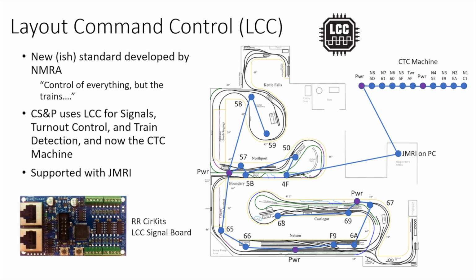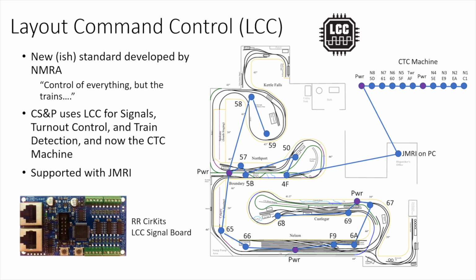LCC is well supported with JMRI, which is software which is available for free on the internet. All of our LCC hardware came from Railroad Circuits. You can see a picture of their signal board.